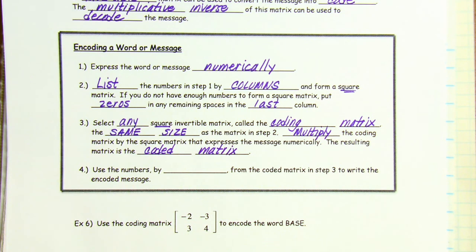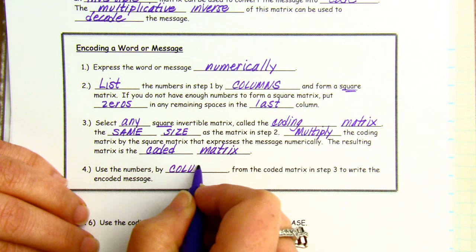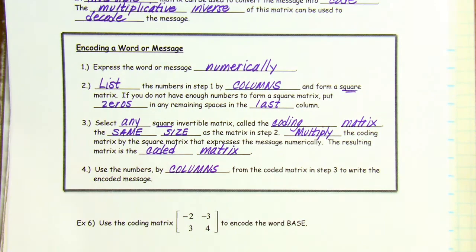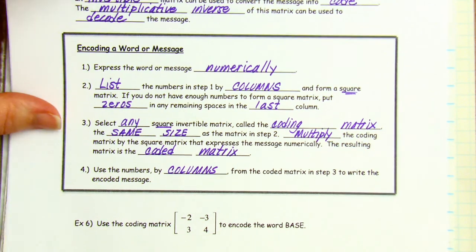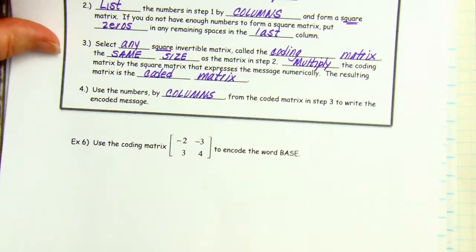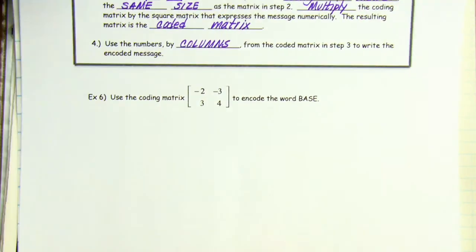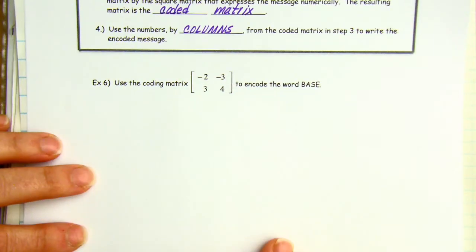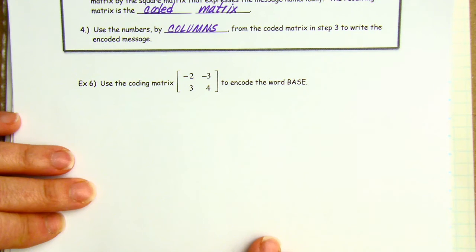Use the numbers by columns again in the coded matrix from step 3 to write the encoded message. All right, an actual example. Use the coding matrix, -2, -3, 3, and 4, to encode the word base.